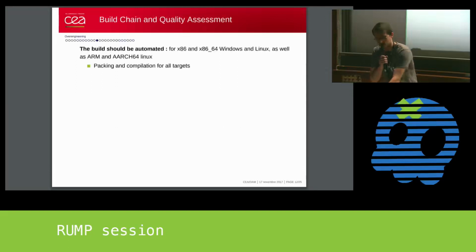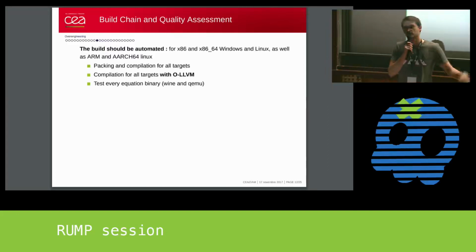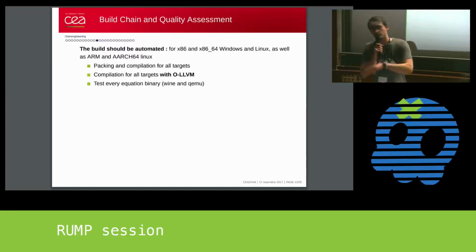Then that's just a quick word on the whole tool chain. There were a lot of things to do because there were different targets: Linux, Windows, x86, x64, ARM, AArch64. We had to compile, pack, obfuscate, so calling clang with OLLVM with cross builds, and then we tested every equation to be sure it was correct.